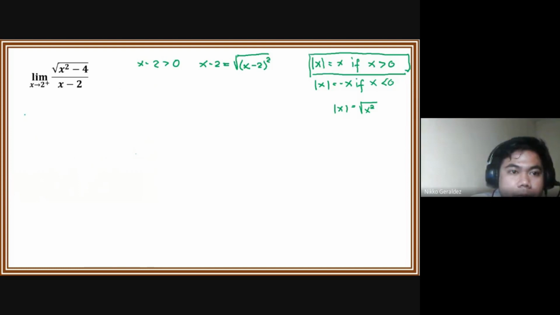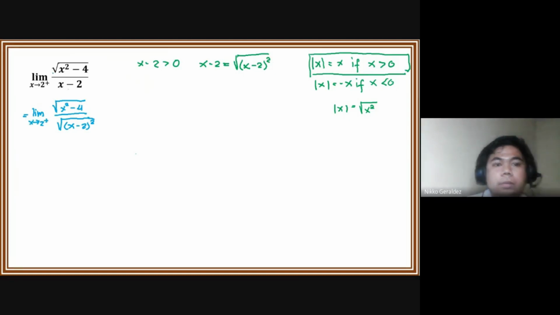So, we have limit of square root of x squared minus 4 over x minus 2. So, that is square root of x minus 2 squared. Now, as x approaches 2 from the right. So, meron ka na square root sa denominator.